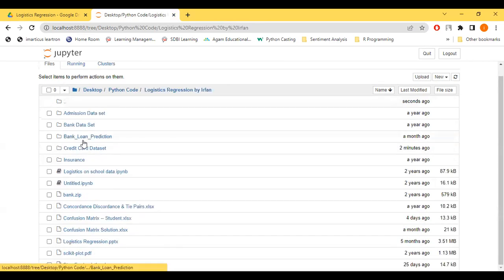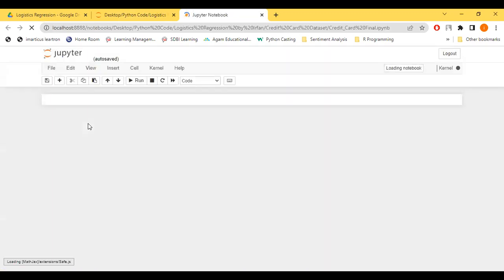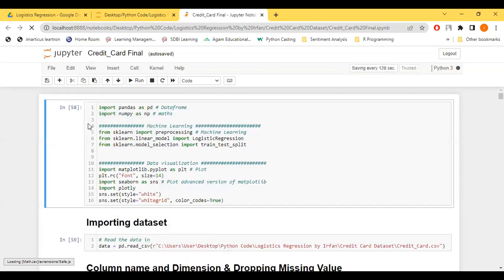On it. You just have to change the location path and run the code.